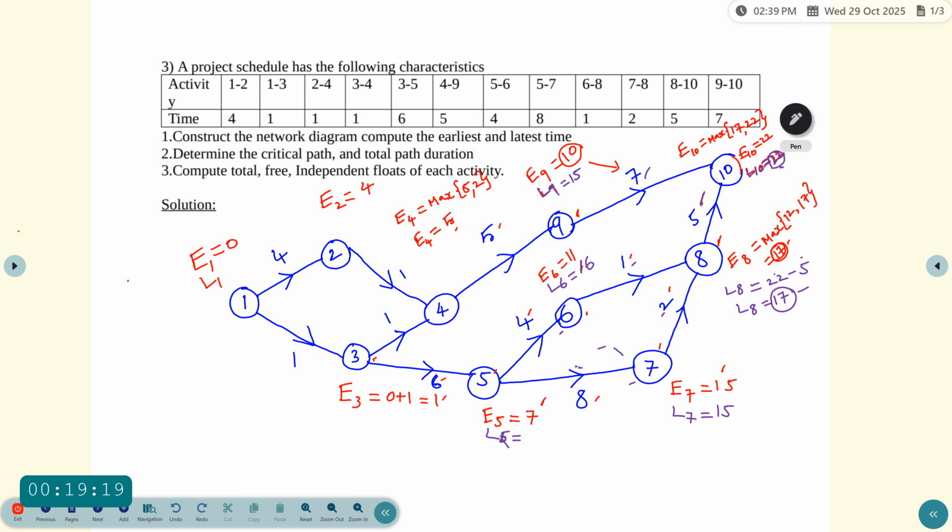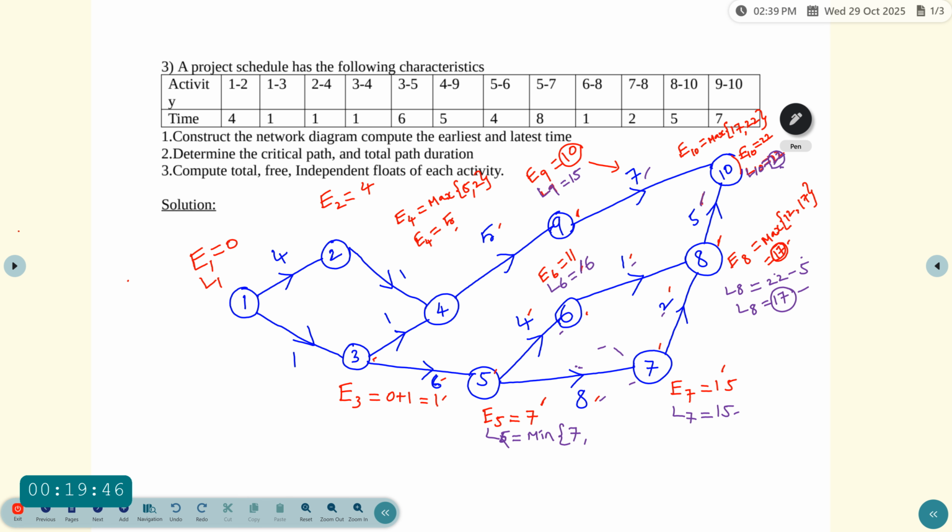So first value 7, L7 is 15. There are two events, so you can use the formula minimize of first event 7. So L7 equal to 15 and then subtract the duration 8, which is equal to 7.